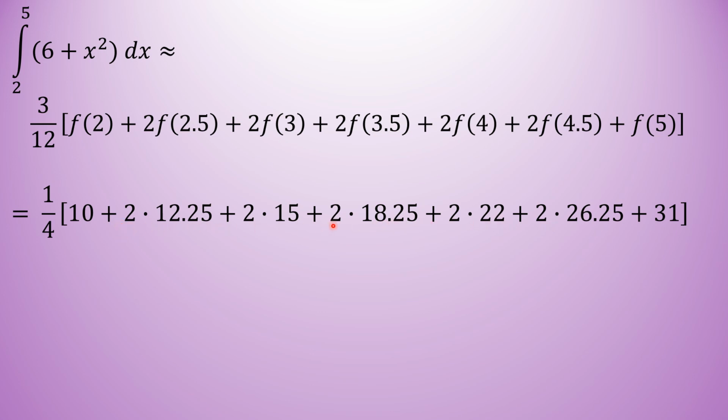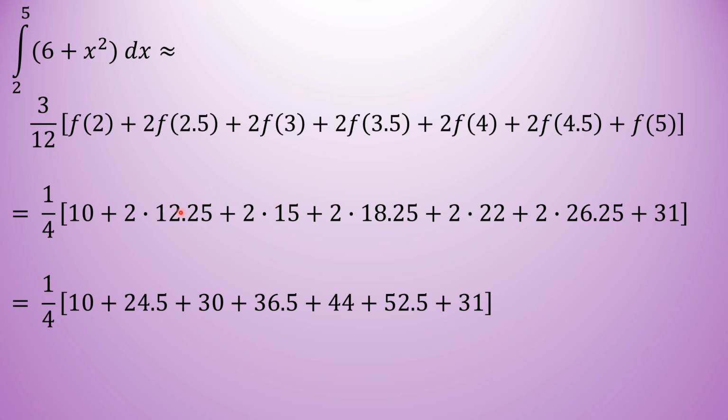The middle 5 terms each include a factor of 2. So next I'm going to perform those multiplications. And that leaves me with these 7 terms. 2 times 12.25 is 24.5. 2 times 15 is 30, and so on. The only thing that changed from the second to the third line is I multiplied the middle 5 terms all by 2.